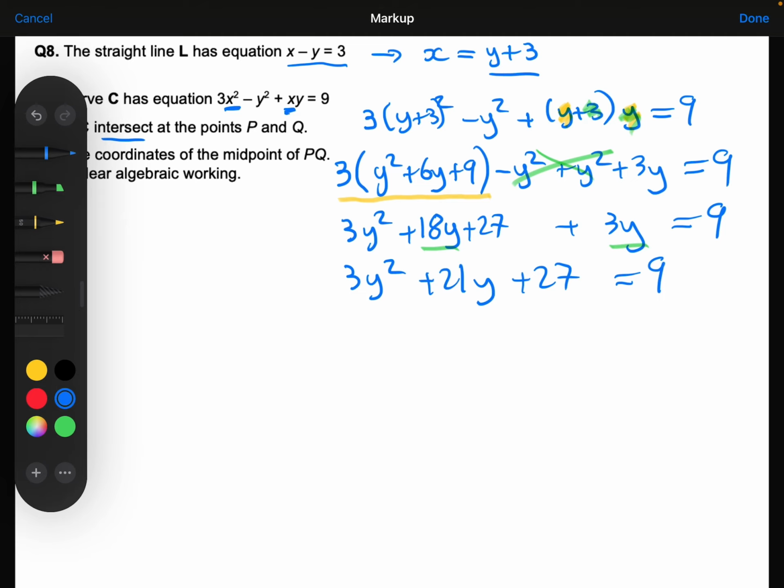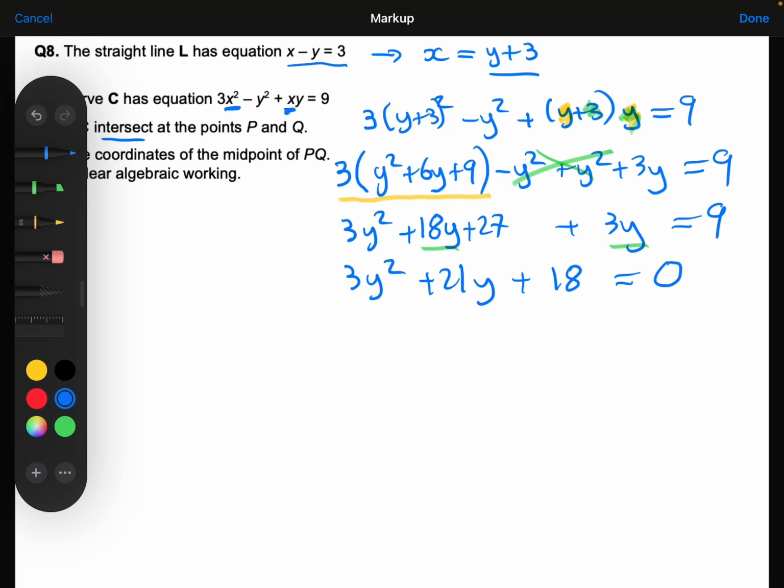Now, this is a quadratic equation, so I want it to equal 0. So I'm going to subtract 9 from both sides. The 27 take away 9 is 18. Right.